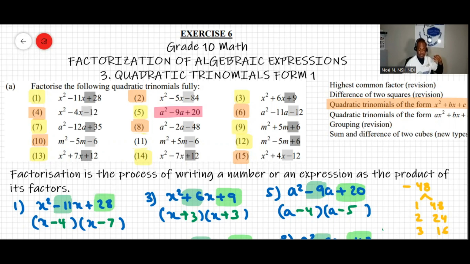It's going to be positive and negative, or negative and positive, always like that. But when it ends with a positive number, the signs will always be the same. It's going to be positive, positive, or negative, negative. I hope you understand that.